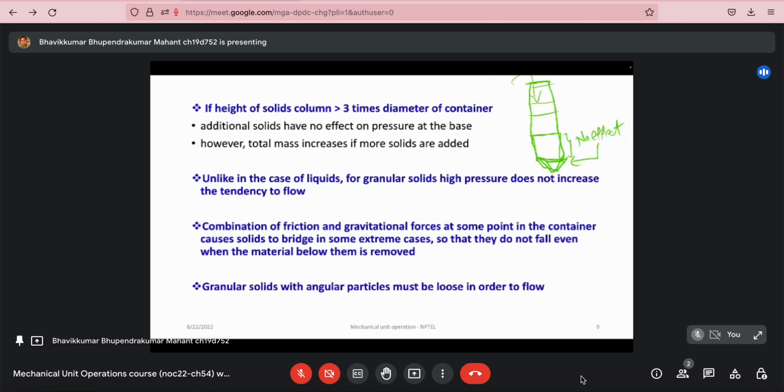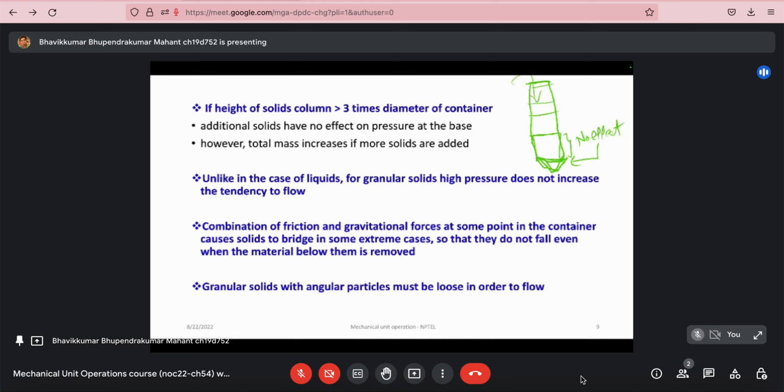A combination of friction and gravitational force at some point in the container causes solids to bridge in some extreme cases, so that they do not fall even when the material below them is removed. For this we need to understand the pressure forces and the force balance.